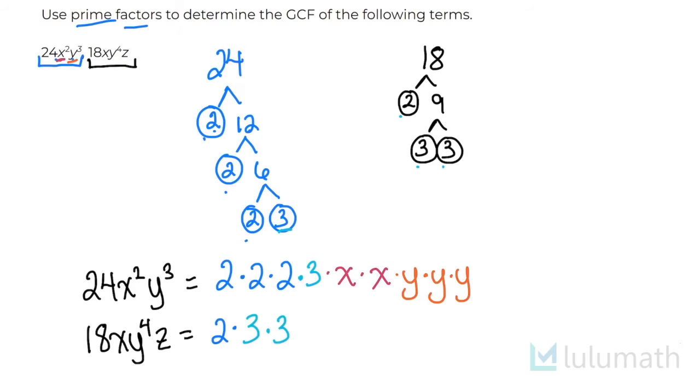And then we have just one x, so we write that out. Then we have y to the power of 4, so we write times y times y times y times y, and then we copy down the last part, which is z.